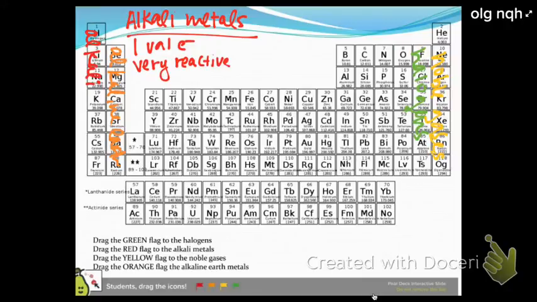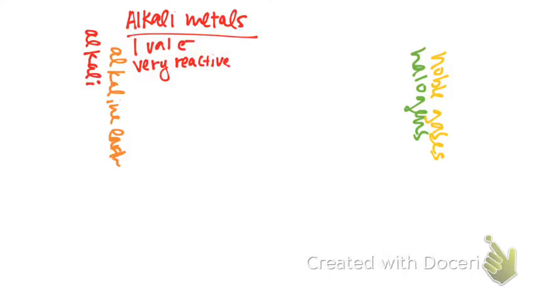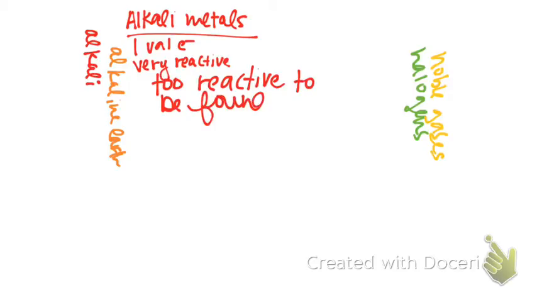They're actually too reactive to be found in nature. That's because of their 1 valence electron. So that means we don't ever see chunks of sodium metal or potassium metal or anything like that floating around, right? They're too reactive to be found in nature.